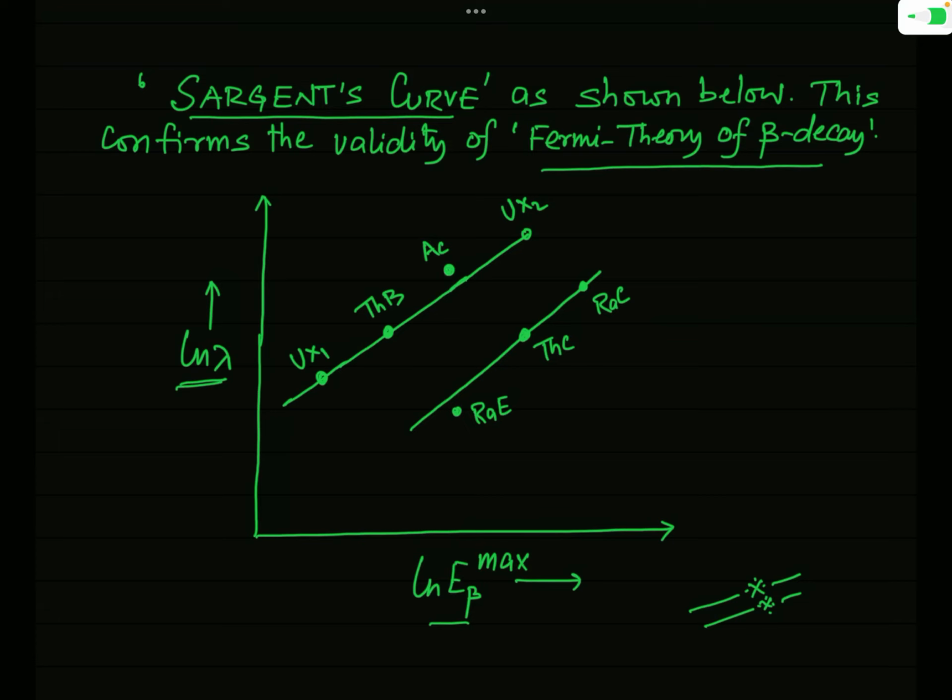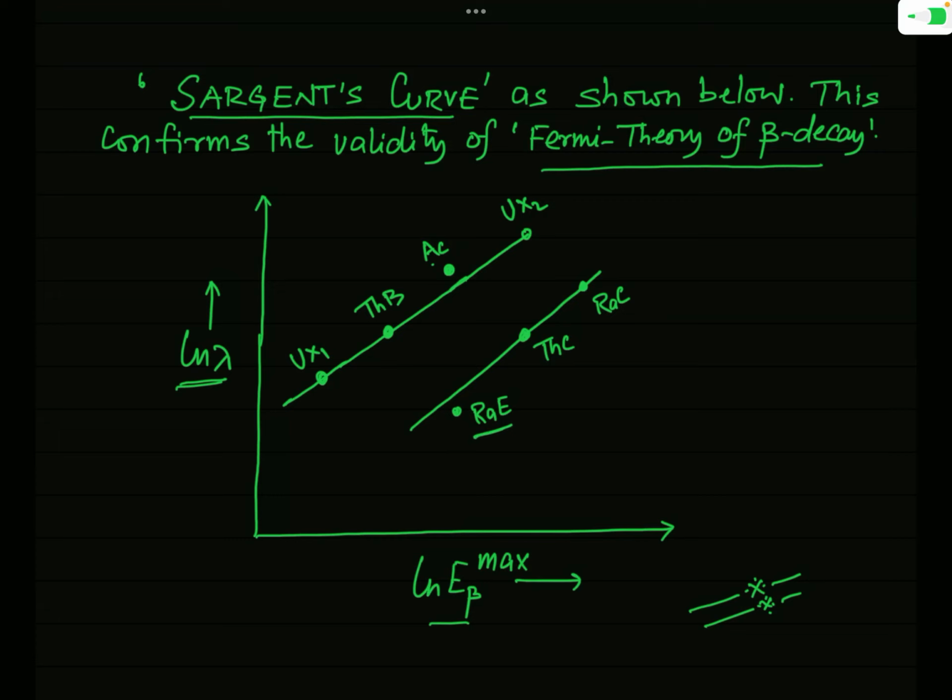It means in the case of this actinium nucleus, there is some deviation, and similarly the nucleus RaE does not lie on this line. It means it deviates slightly from Sargent's curve.